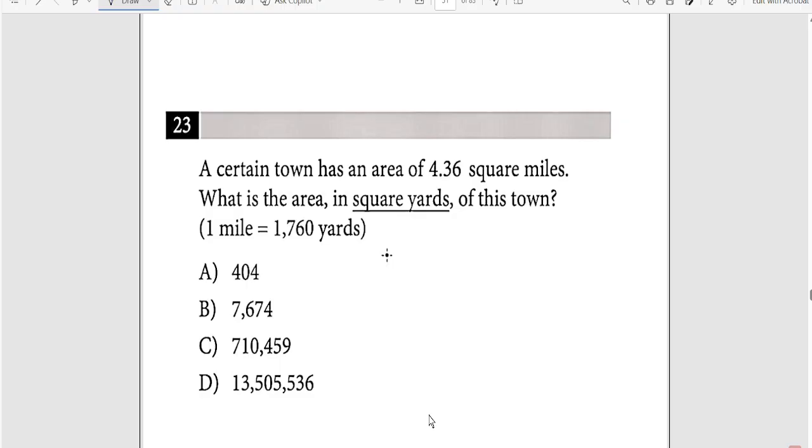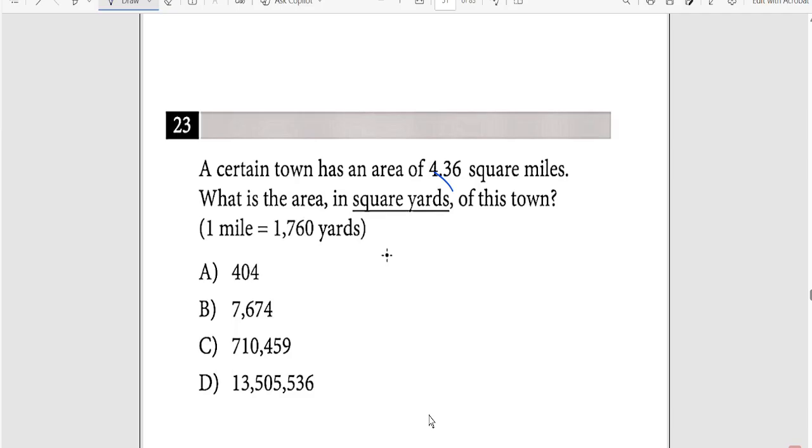Let's see next question. It says a certain town has an area of 4.36 square miles. What is the area in square yards? 1 mile is given as this many yards. It says square yards, right? So I need to square both sides to convert it into square yards.